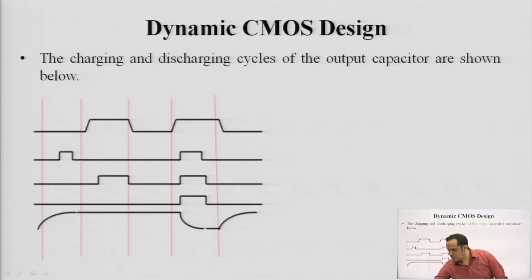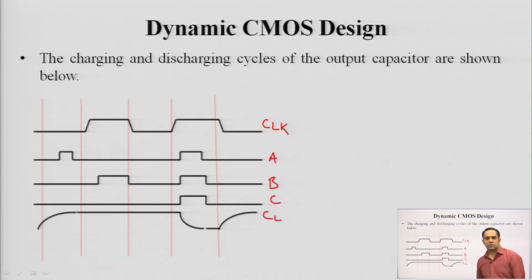Now, this is how the charging and discharging of the output capacitor goes on. I will just label the signals here. This is your clock, this is input A, this is input B, input C and your output.